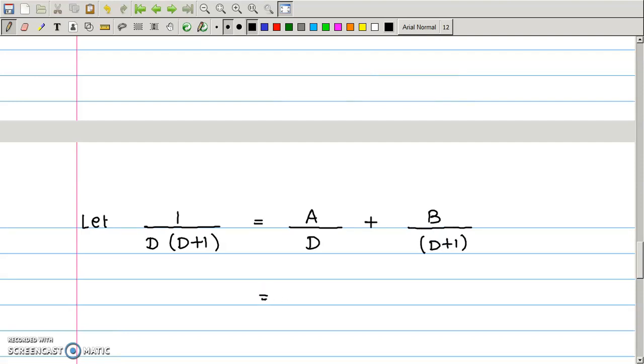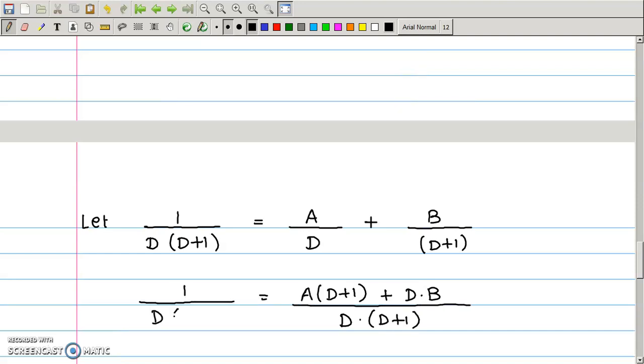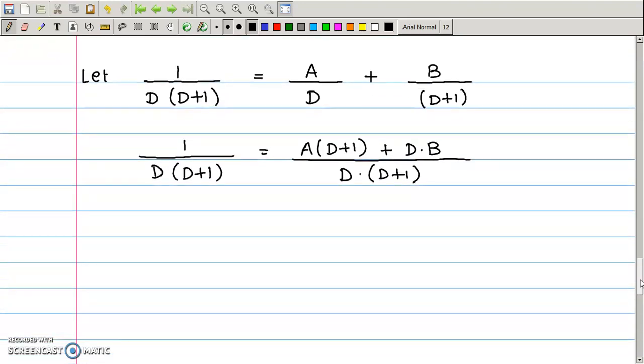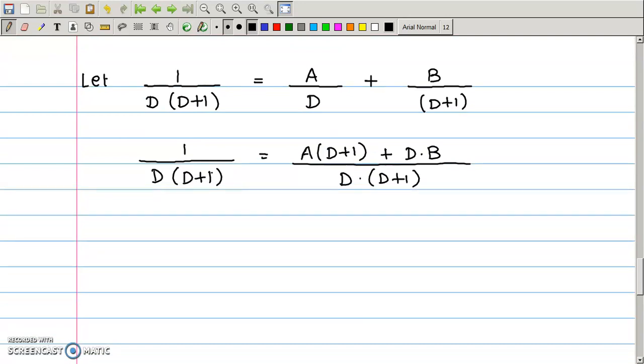If we take cross multiplication, we can rewrite a into d plus 1 plus d into b, and the denominator will be d into d plus 1. Our left hand side will be unchanged, d into d plus 1. So from LHS and RHS we can cancel this denominator. So we get the equation a into d plus 1 plus b into d is equal to 1.